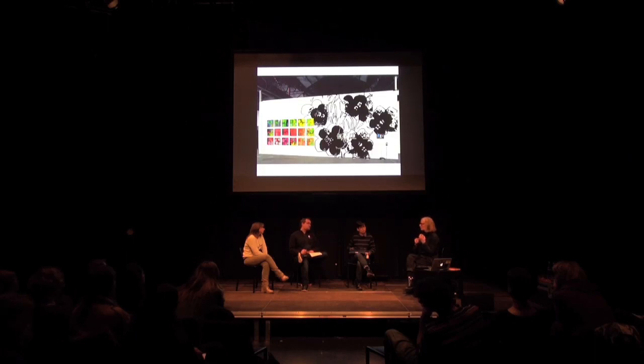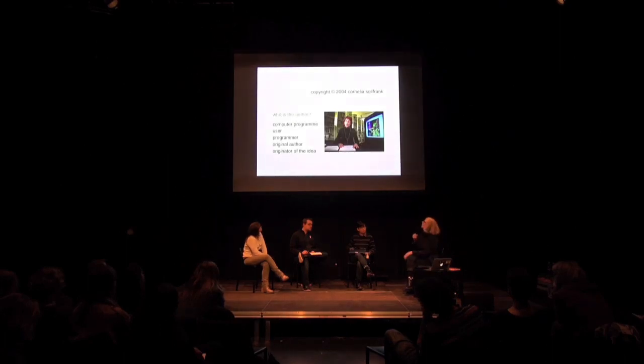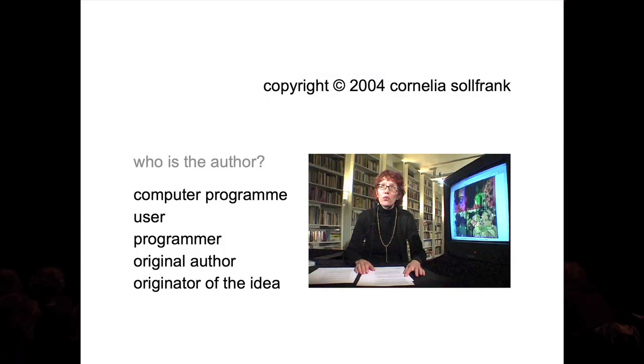What is behind this? What kind of thinking is behind copyright? And that was one of the first works I did. It tried to answer the question: who is the author of such automatically generated images, on the basis of copyright law and legal commentary?